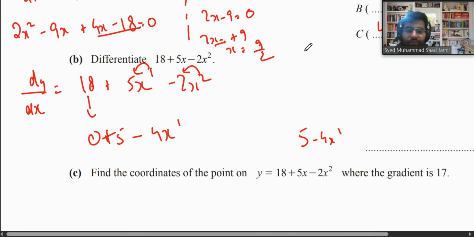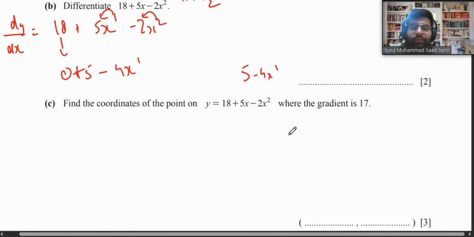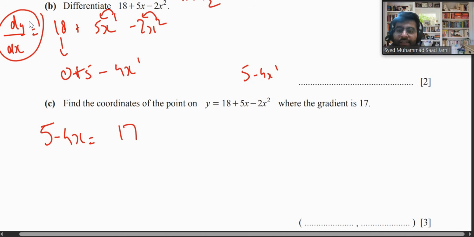Now it says find the coordinates of the point on y is equals to 18 plus 5x minus 2x square where the gradient is 17. So look guys, the question is basically saying when 5 minus 4x is equals to 17, because dy over dx means gradient.